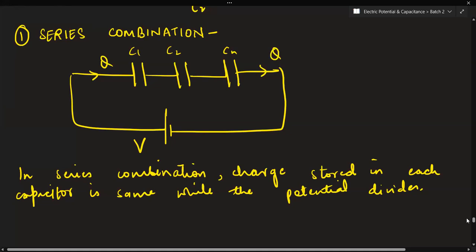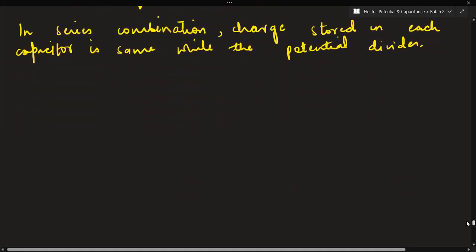Don't go by the figure, thinking that this looks like it is connected in series or something. Let's say this is C equivalent, meaning all the net capacitance we are considering, where all of these are connected in series up to Cn. We have to find out C equivalent.